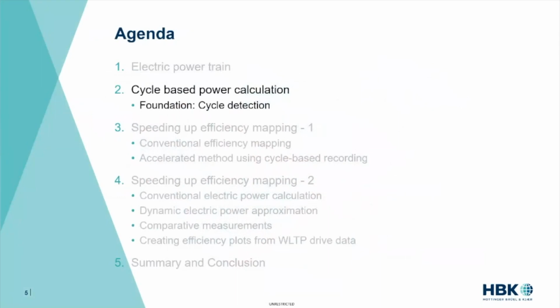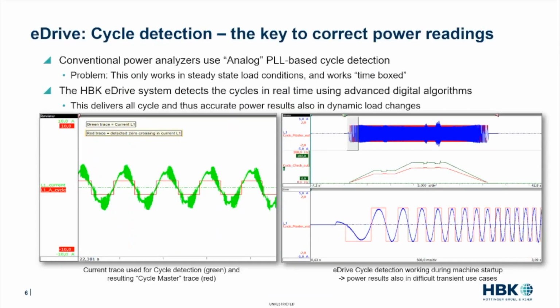So what is the foundation of that? The foundation is something we call cycle-based calculation. And what does this do? Conventional power analyzers, which have been on the market for decades already, use basically an analog PLL to track and trace the fundamental frequency, which in most applications is just 50 or 60 hertz coming from the grid.